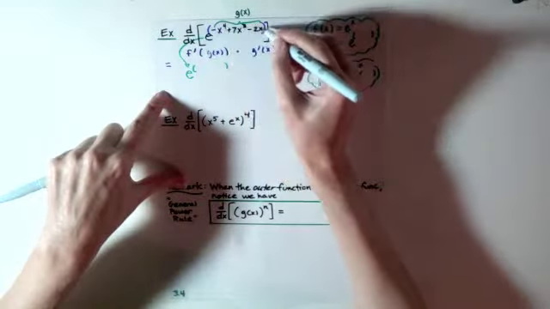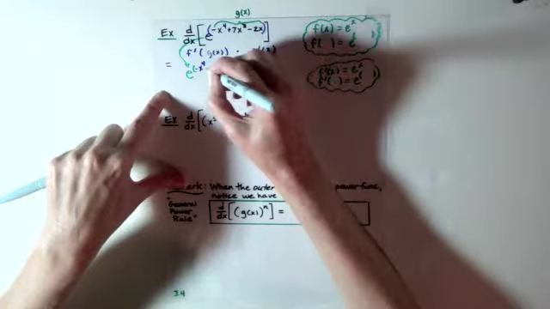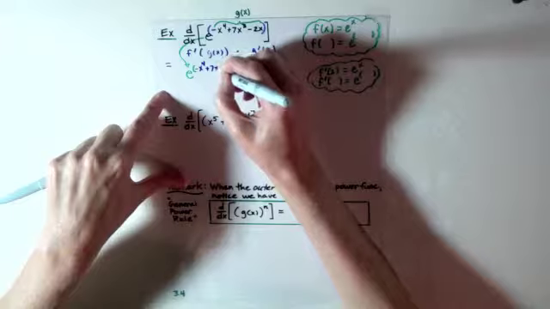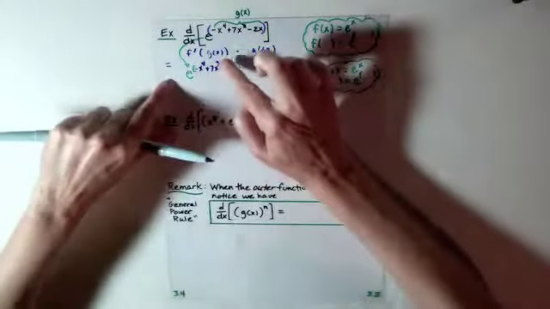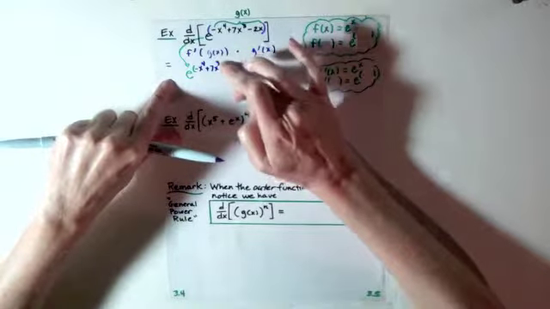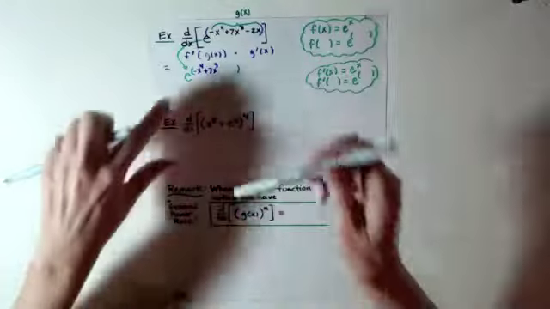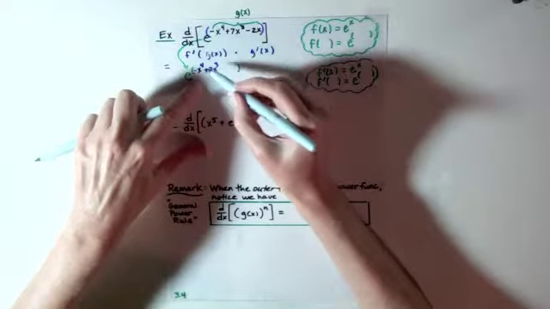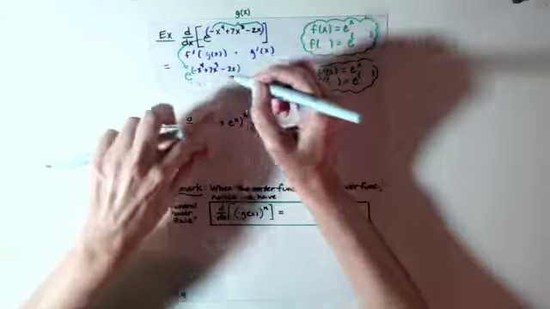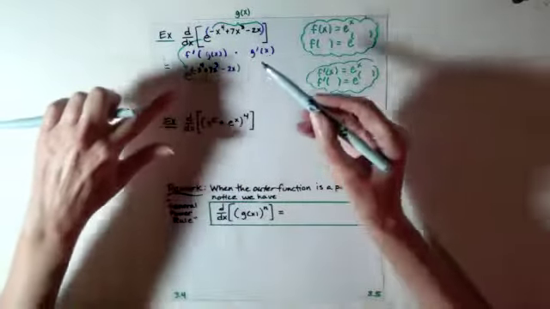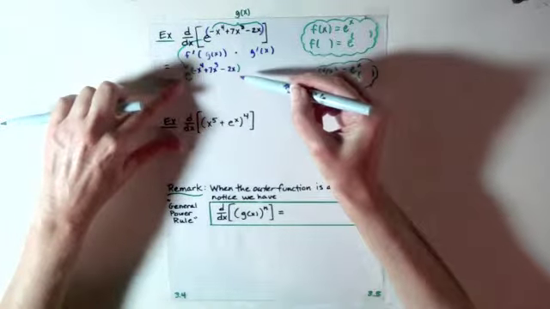The inner function, g of x, we said, is minus x to the fourth plus 7x cubed. Oops, looks like I don't have quite enough room there, so we'll use a little eraser transformation. Move my parentheses over. So inner function is minus x to the fourth plus 7x cubed minus 2x. So far we've done the derivative of the outer, it was its own derivative, evaluated at the inner function.